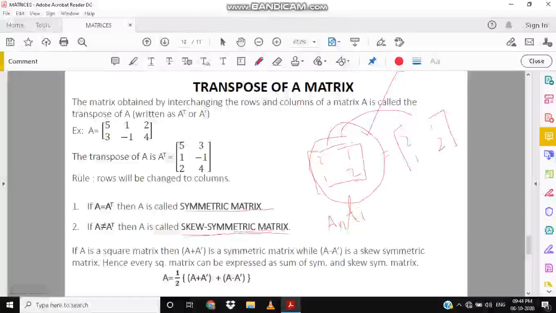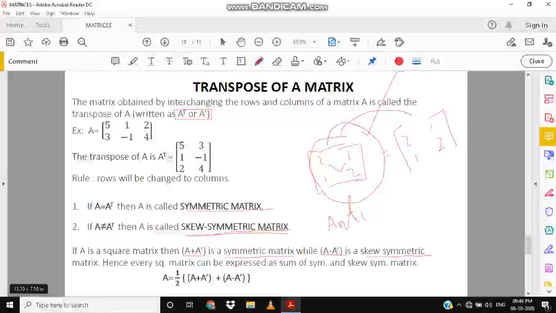Now here is one important note: if A is a square matrix, like this 2 cross 2 matrix, then A plus A transpose, where the transpose of a matrix can be written as A to the power T or A dash, is considered to be a symmetric matrix, and A minus A transpose is considered to be a skew symmetric matrix.